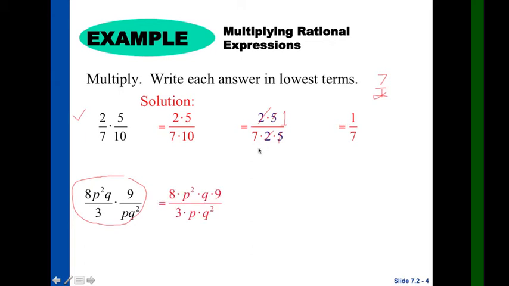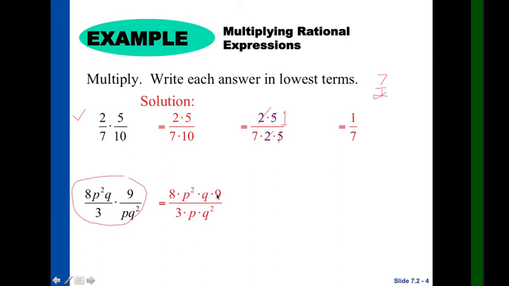Now for another example. We combine them: we have 8 p squared q times 9 over 3 times p times q squared. As you can see, we separated them.